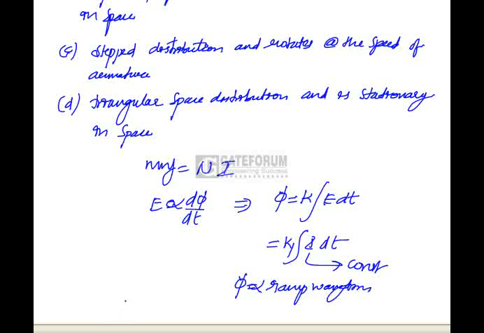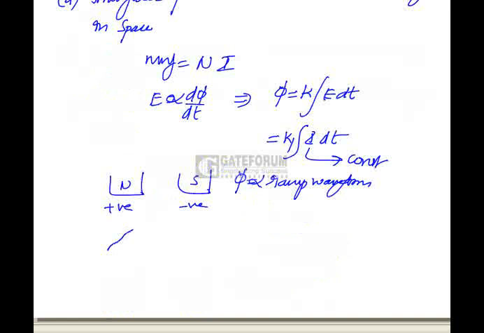Now, how will the flux linkages be under the north pole and under the south pole? We will take it as positive under the north pole and negative under the south pole. That means if we have an increasing waveform under the north pole, it should be a decreasing magnitude of ramp waveform under the south pole, similarly for n number of cycles.